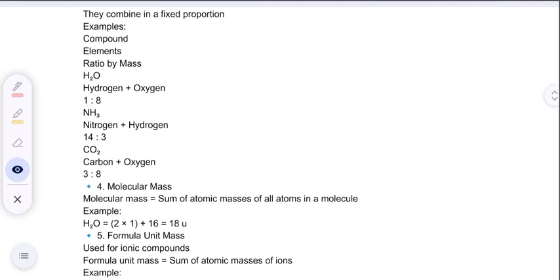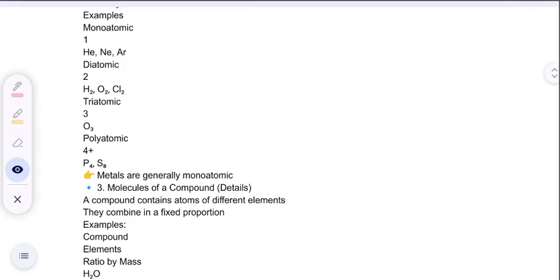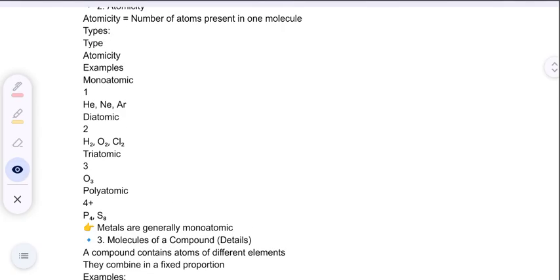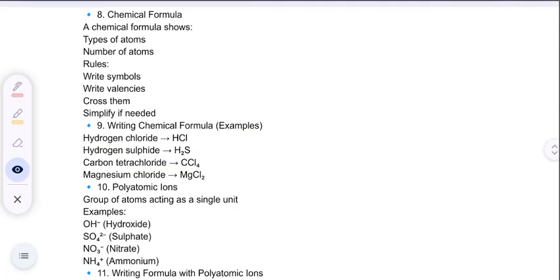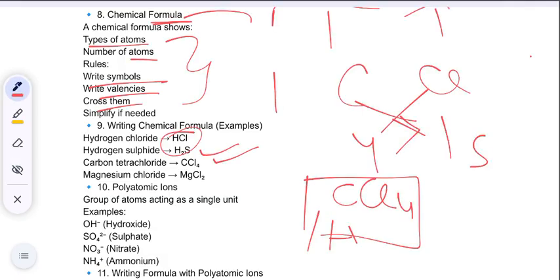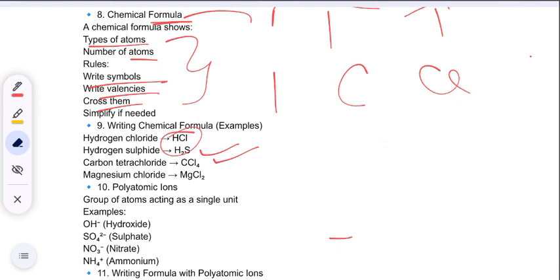Here I also wrote somewhere about diatomic, triatomic, and the number of atoms. If you carry along what has been taught, then only will you be able to understand. Next is magnesium chloride. First you need to find the valency of magnesium, then the valency of chlorine. The symbol of magnesium is Mg.